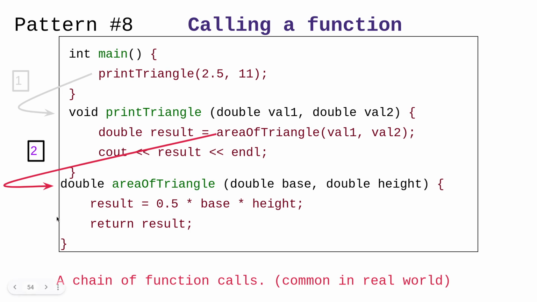And so when we call area of triangle with value 1 and value 2, well, then we compute the area of the triangle. And notice, let me fix this. I forgot to put double, right? Obviously, I need to create a variable. Let me quickly fix this.